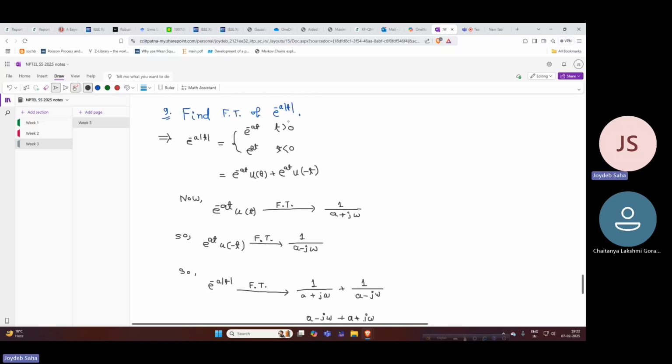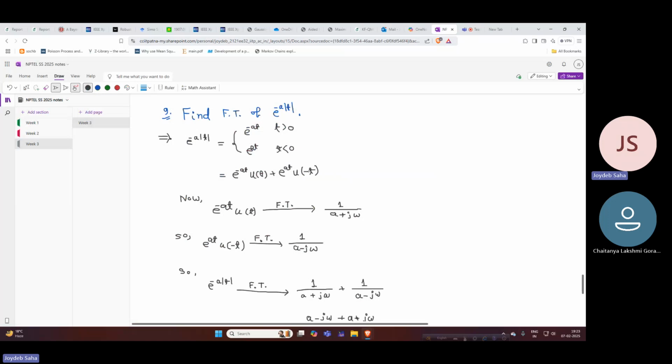What we have done here, we have divided e to the power minus a mod t into two parts. One is for t greater than 0, one is for t less than 0. For t greater than 0, it is e to the power minus at, and for t less than 0, it is e to the power at. Is it clear?